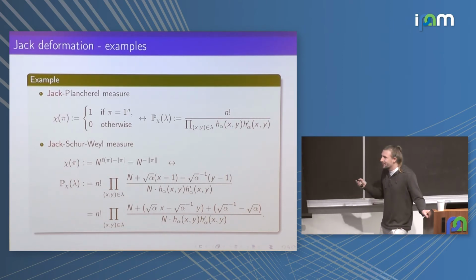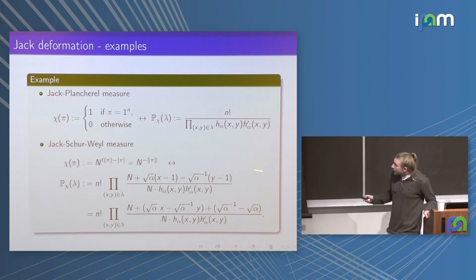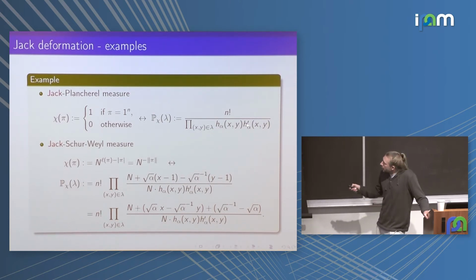It's not a very original name. They both have a very explicit formula, which you can see is like an alpha deformation of the hook length formula. Here I have this H alpha, which I will show precisely in the next slide, and here I also have the hook length. And I also have these two funny things, which are an alpha deformation of the content of a box.